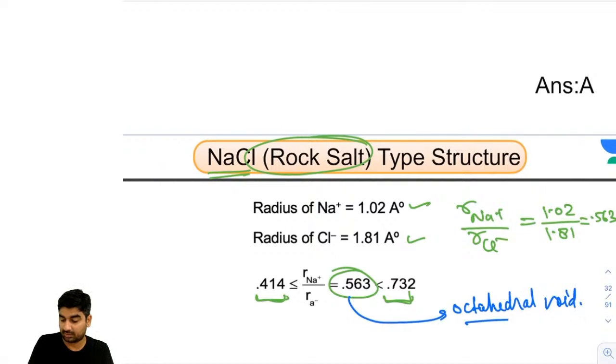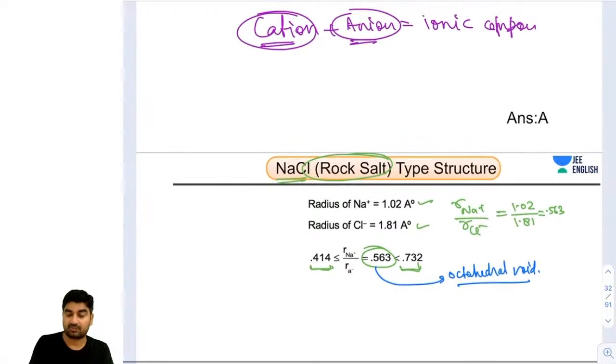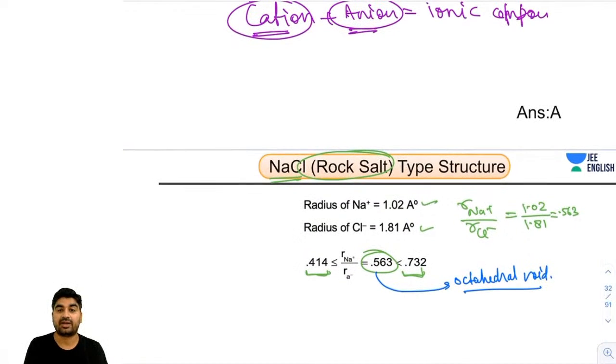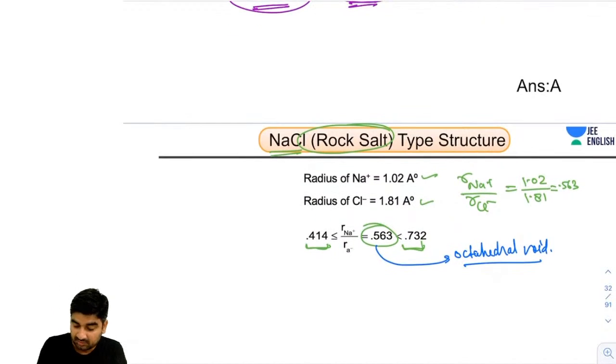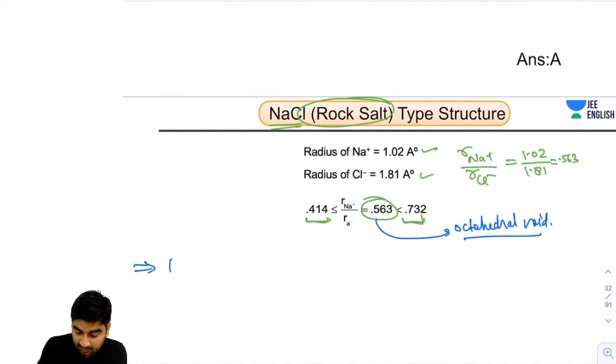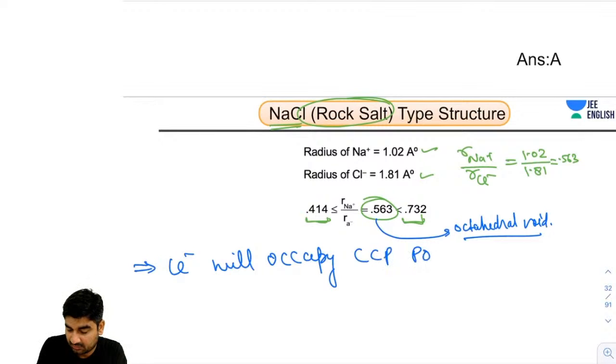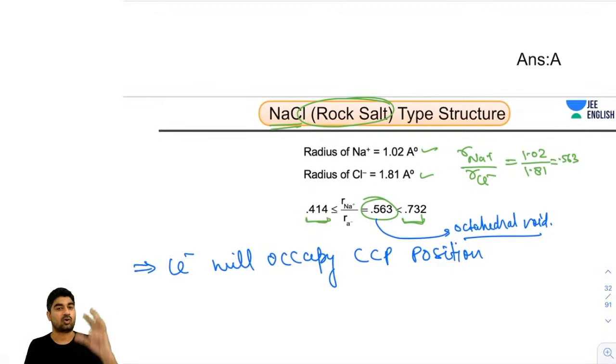So what do you mean by octahedral void? Here I will say that chloride will occupy CCP positions. So what do you mean by CCP positions? Corner and face center, because CCP and FCC both have same meaning. So chloride will occupy CCP position.